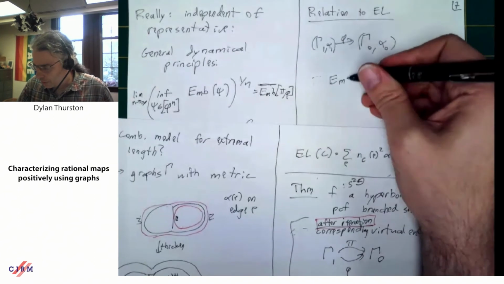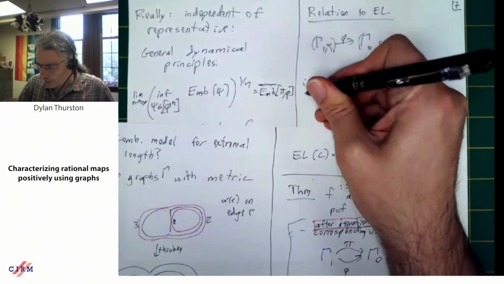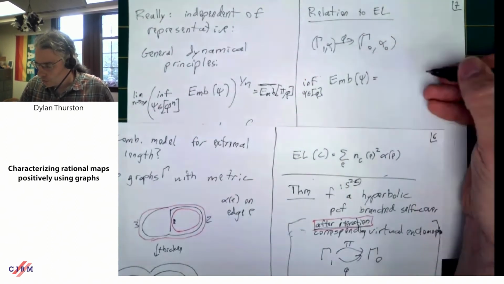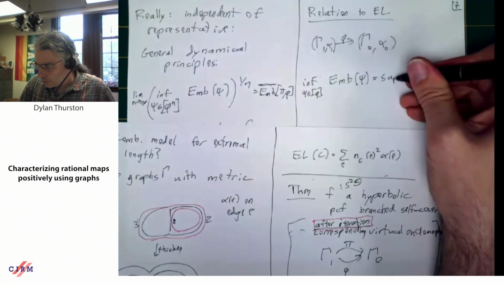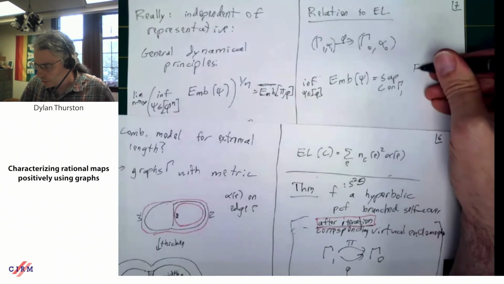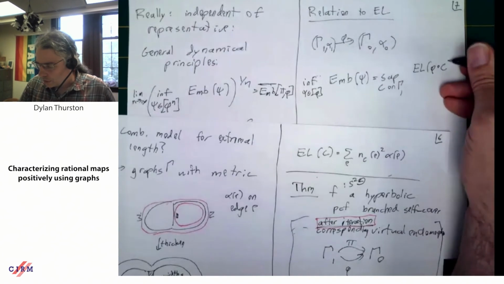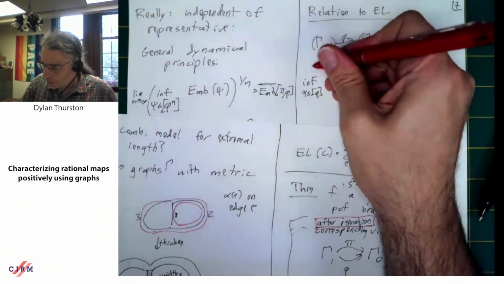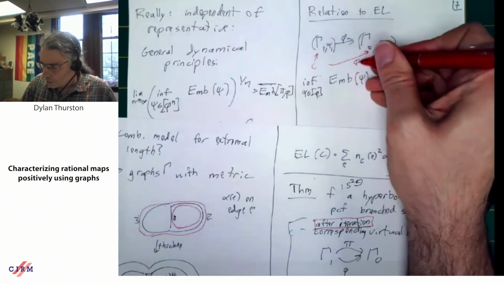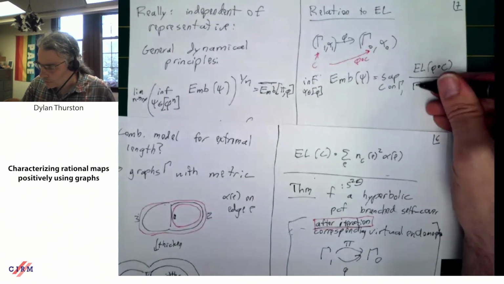This funny energy that I wrote down, and really the infimum of that over the homotopy class, is equal to the supremum over all curves on gamma 1 of a ratio of extremal lengths. I have some curve C sitting inside here, and that gives me a curve sitting inside here as well, and I can compare the extremal lengths of these two curves.